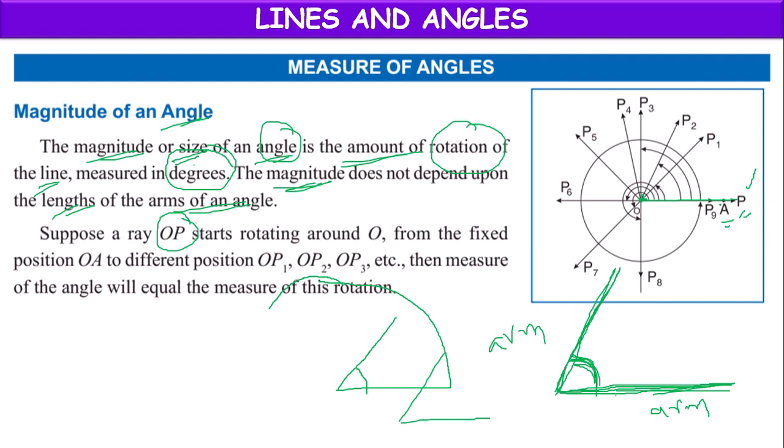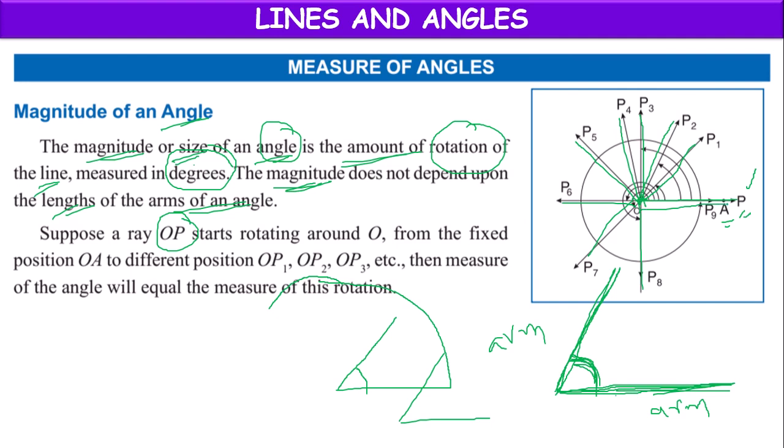Then OA is a fixed line segment or fixed position. From there the OP ray is rotating to different positions like OP1, OP2, OP3, OP4, OP5, OP6, OP7, OP8, OP9.